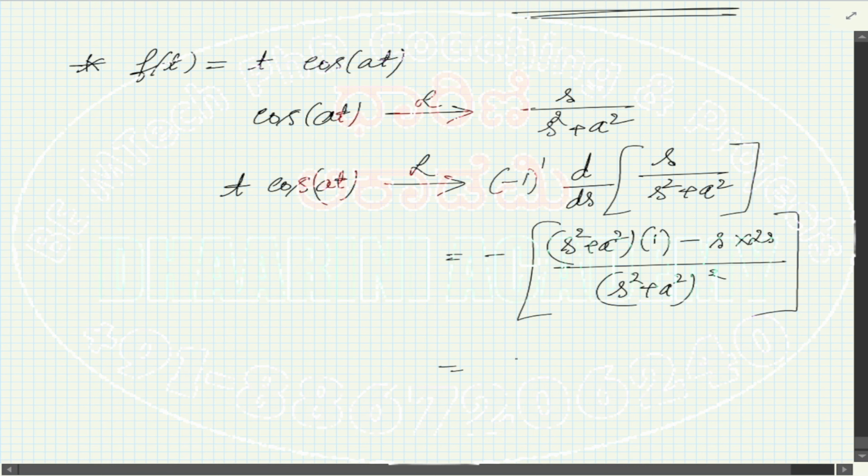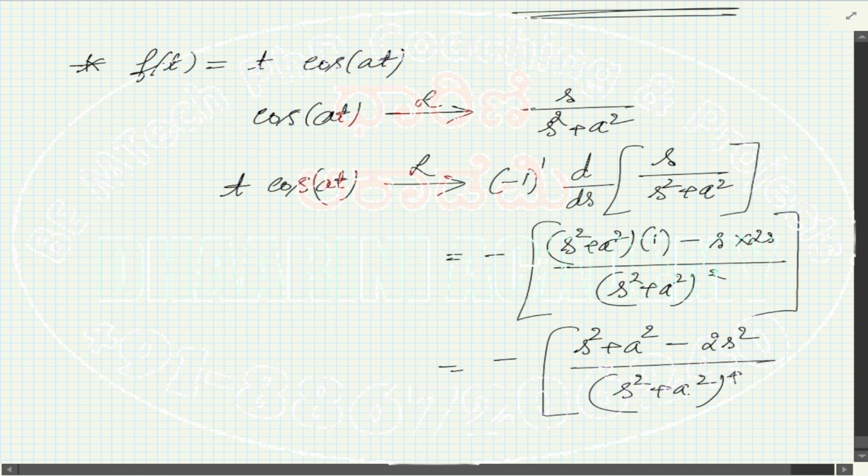All right, so this is minus of (s square plus a square minus 2s square) divided by (s square plus a square) the whole square.